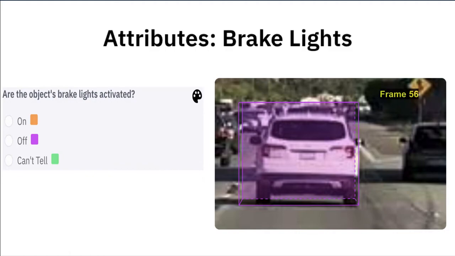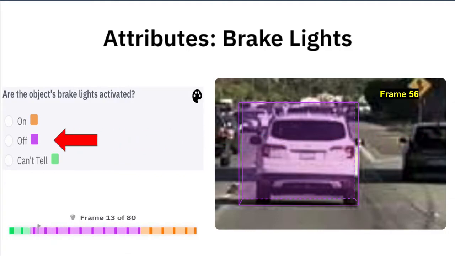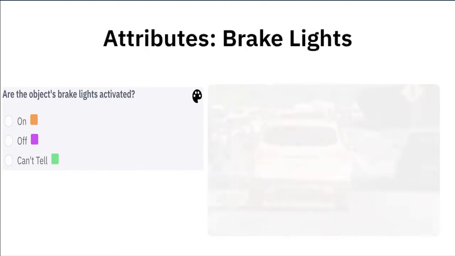So when we see that the brake lights are off on a vehicle, that they're not activated, then we want to select off. And what that will do is color the cuboid purple, and it'll also color the frame selector purple on that frame.